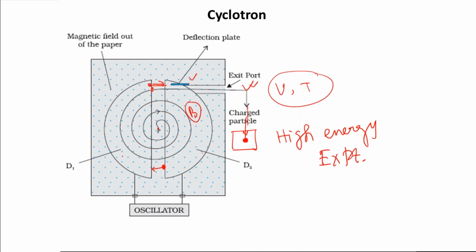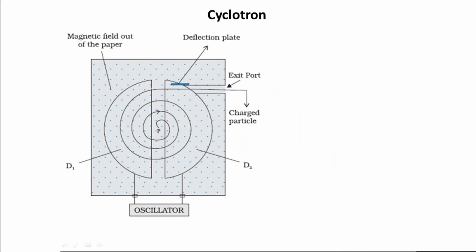Suppose the charged particle is at this edge of D1, the electric field direction has to be like this. Electric field means there is a potential difference, so this has to be high potential and this has to be low potential at that time.